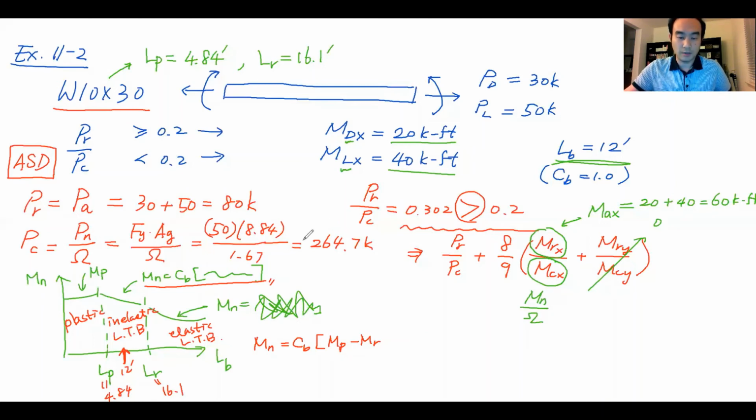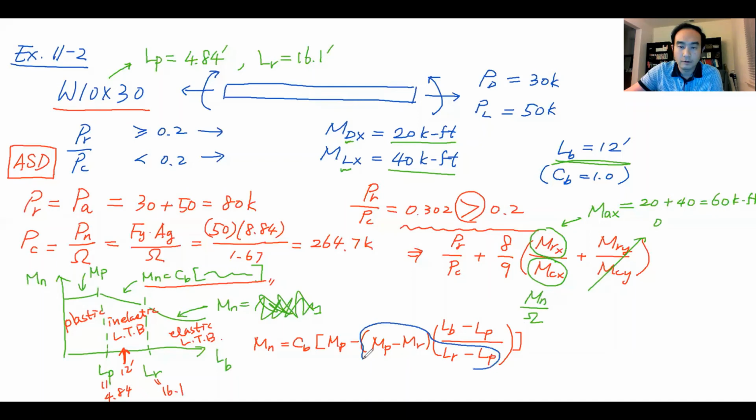So M P minus M R, and then we have a ratio, L B minus L P over L R minus L P. So this is the original equation, and we take this as B F, best friend, right?